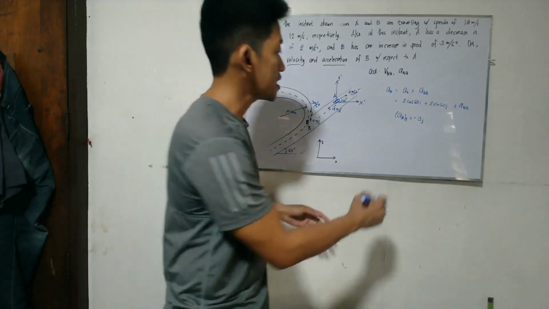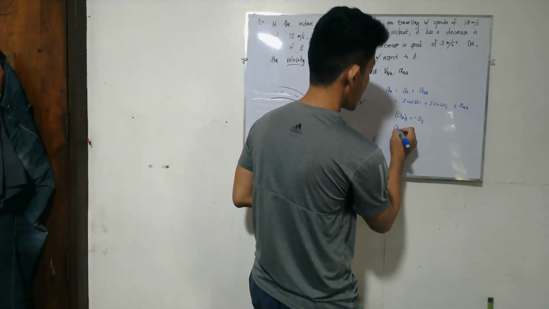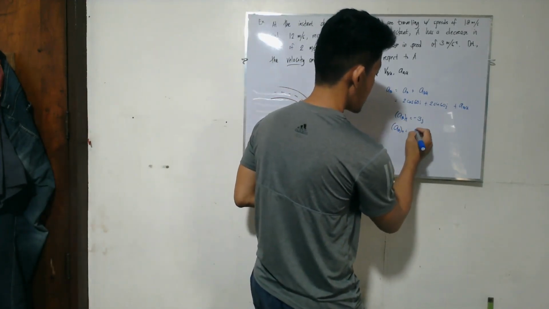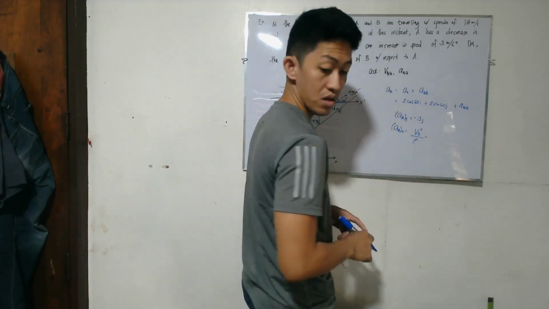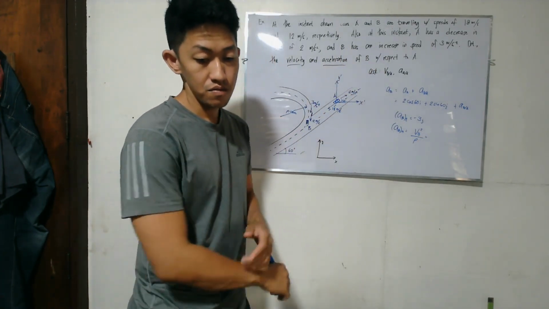Negative 3j. And then the normal acceleration of B is just velocity of B squared over rho. Right?